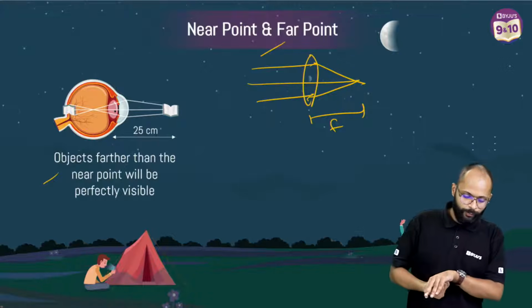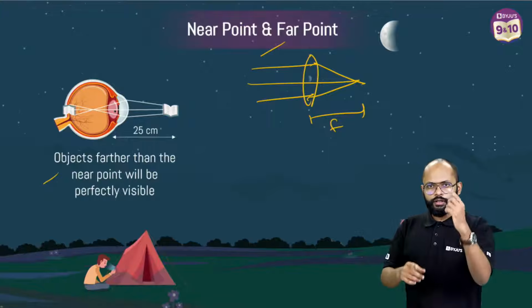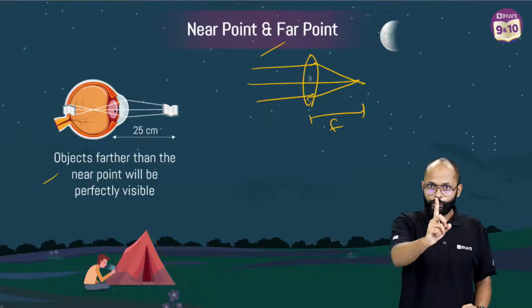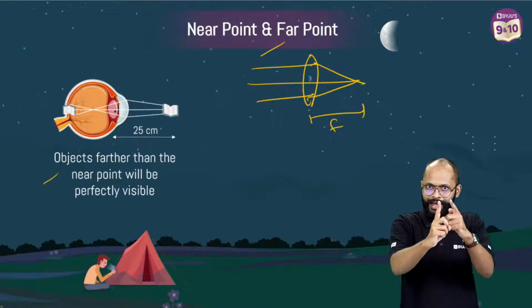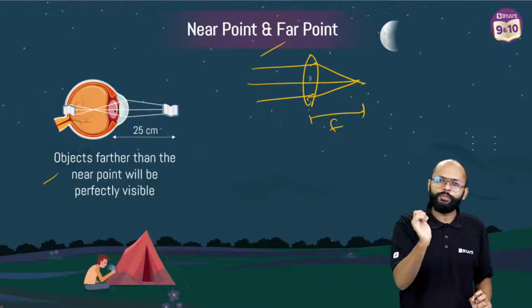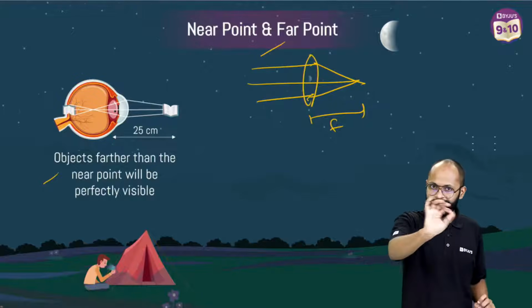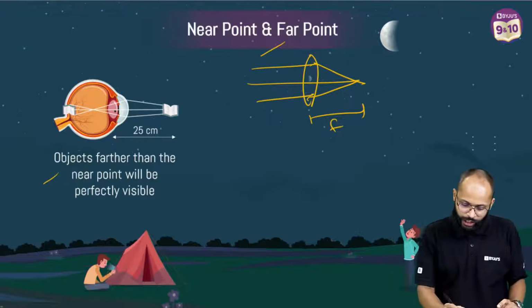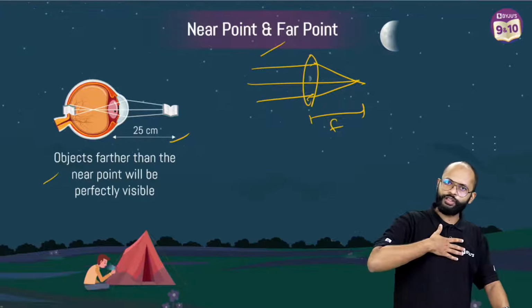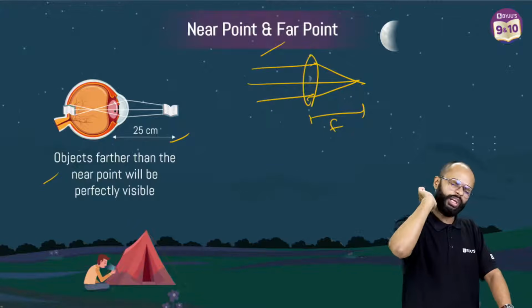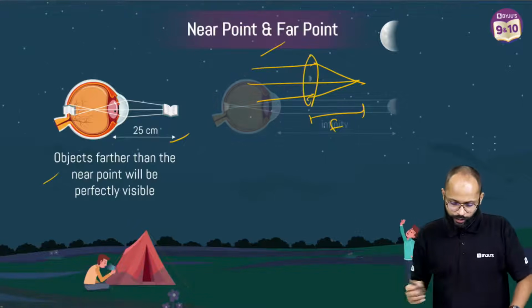Objects farther than the near point will be perfectly visible. The near point for our eyes is 25 centimeters. If you bring an object closer to your eyes than 25 centimeters, you are not able to focus properly, and you will not see a clear image. So the near point is 25 centimeters, meaning an object should not be closer than 25 centimeters.